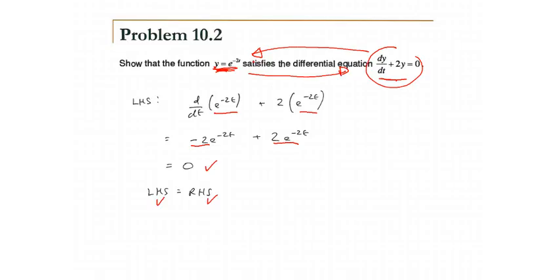Do you notice that's not saying that's the only solution? For example, a very easy way to solve this equation would be to say, let y equal 0. If I differentiate y equals 0, that will also give me the value 0. So that gives me 0 plus 2 times 0, when I put it into this equation here, equals 0.